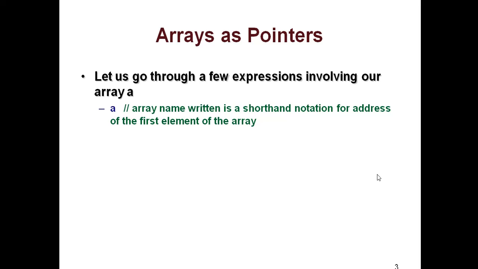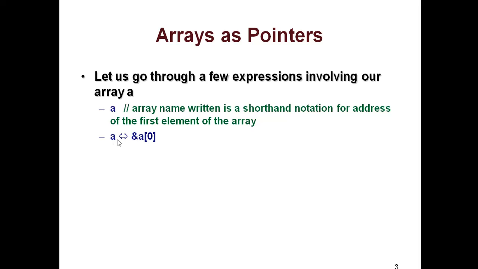If your array name is ARR, the expression will be ARR. So in this case the expression is a. This expression, that is the array name written as it is, is a shorthand notation for address of the first element of the array. So this actually means address of a of 0. So a translates to address of a of 0.